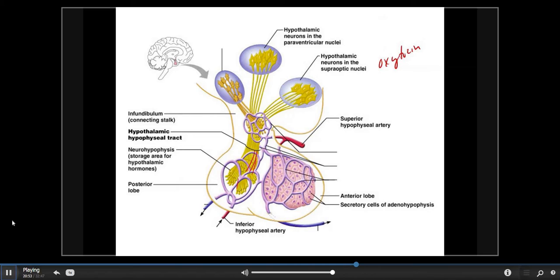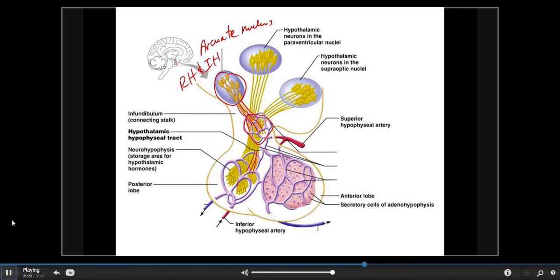Now, this other nucleus here, amongst others, just one of them, I'll just address one of them for now. The arcuate nucleus. This is responsible for the production of the releasing and inhibiting hormones. As you can see, these axons are going to transport their substances here in this area, this little portal system here.